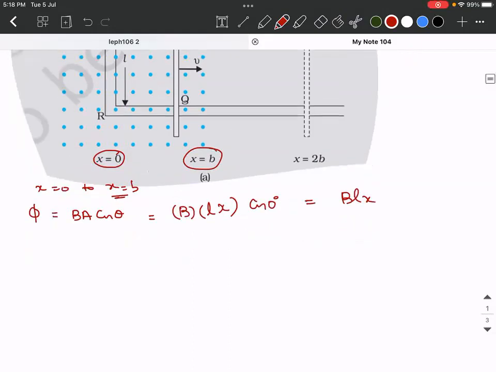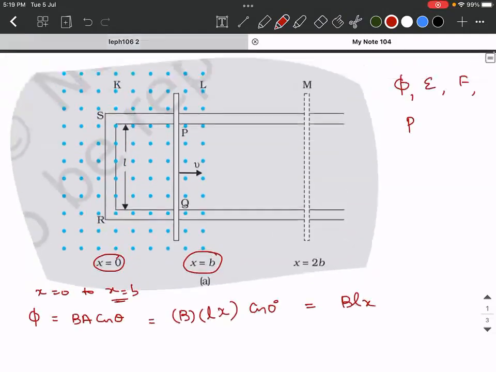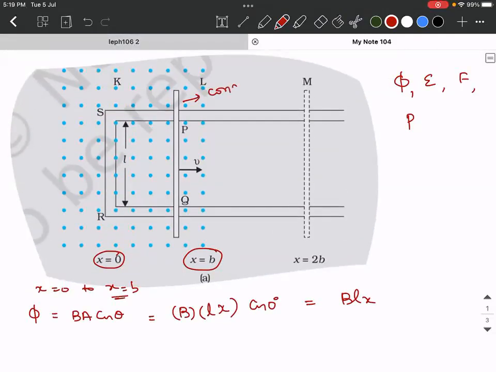Then what about b to 2b? This is the conductor that is moving. The remaining part is a metallic frame that doesn't move. You didn't attend yesterday's class?